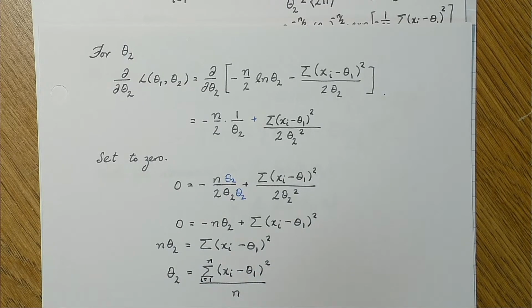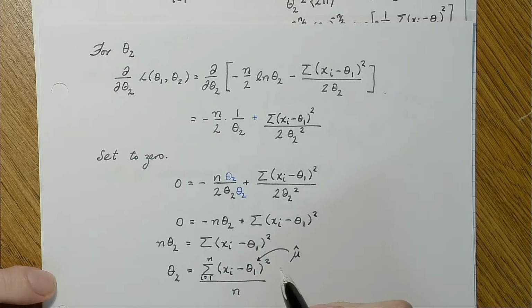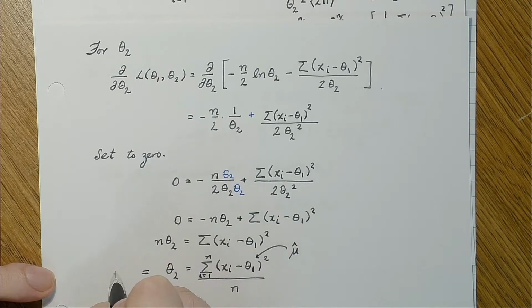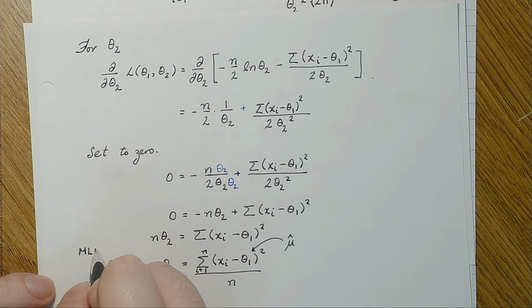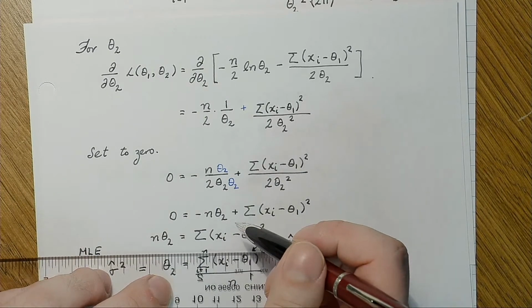And there we have it. That should look fairly familiar because mu1 is our estimate for our mean, or our expected value. That is our estimate. This is our MLE. So there we go.